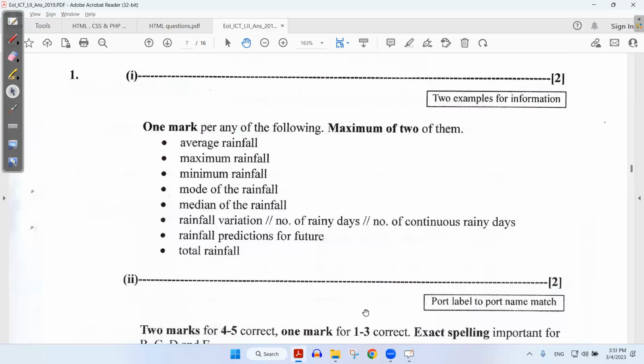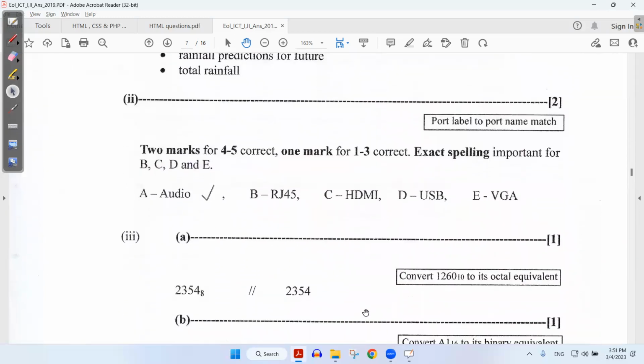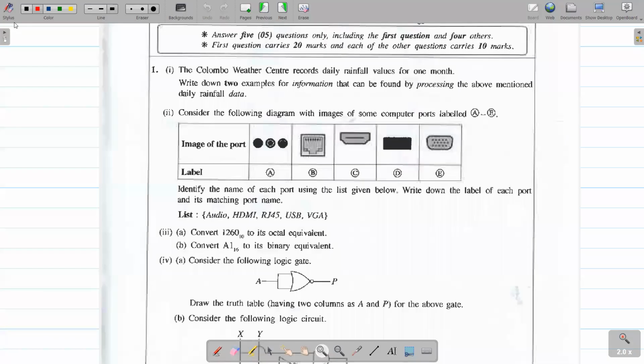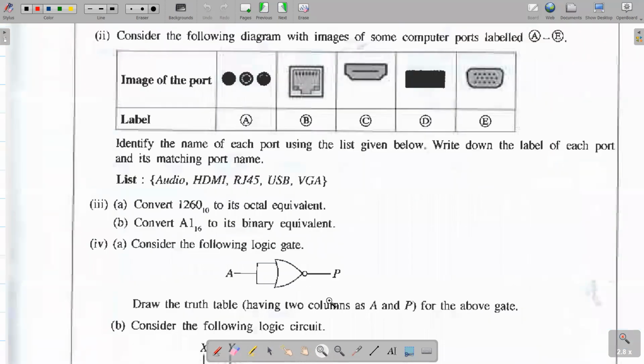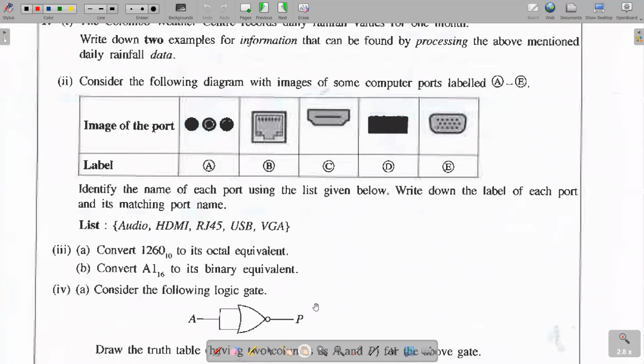Okay, moving forward. They are asking you to match some of the ports with the task. The question says to consider the following diagram with images of some computer port labels, and asks you to match them. Label A is the audio.